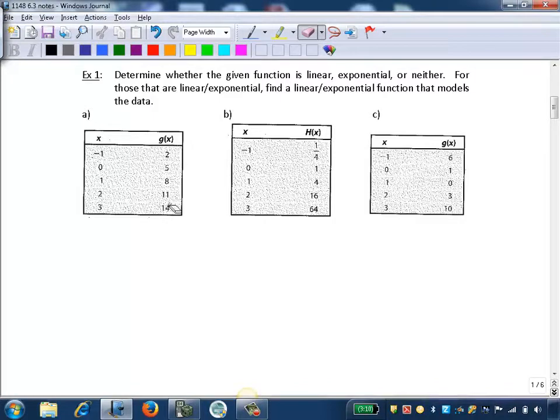So remember, with an exponential function, as x increases by 1, each of the y values are growing by the same factor. So as x is increasing by 1 here, if I look at my first g of x value, I have 2. Then as I go to the 5, 5 to 8, 8 to 11, 11 to 14, we're actually not multiplying anything, we're actually adding.